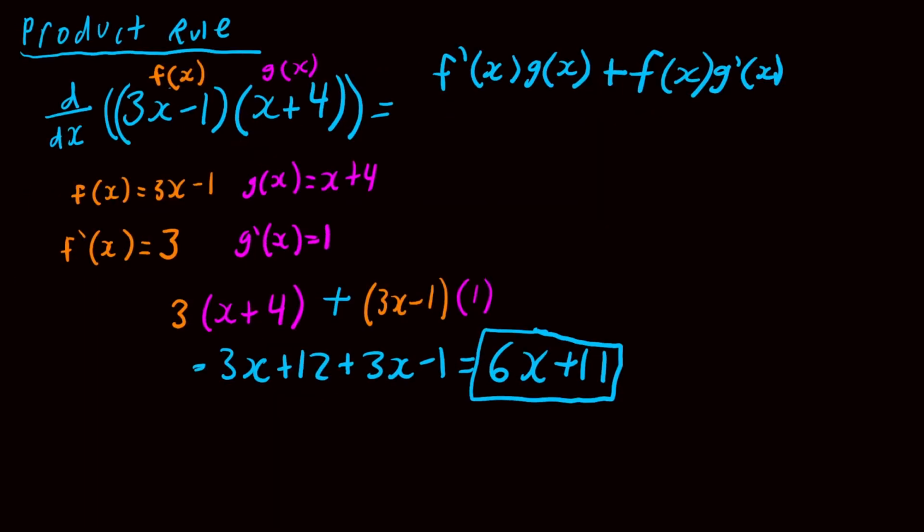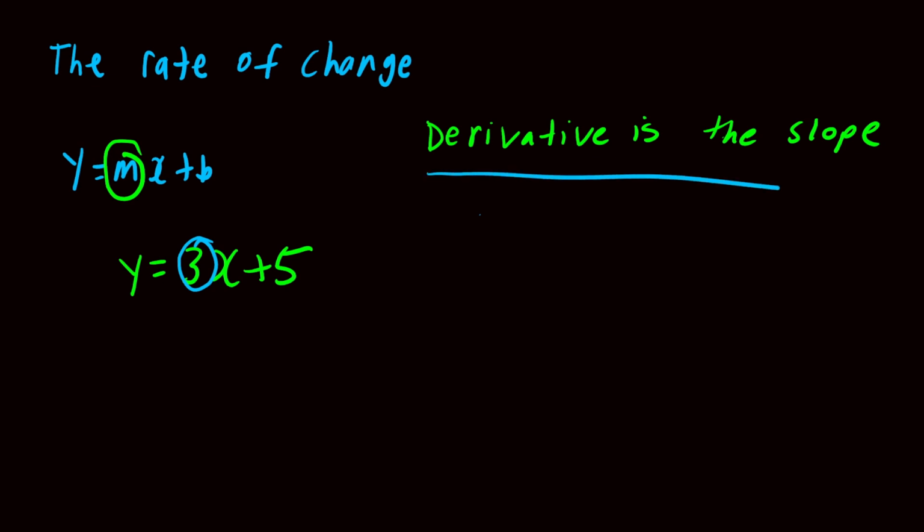Like constant rule, if they say d of dx of, I don't know, 3, no 5, we'll manifest that 5 for the AP exam for 5. Okay, well there's no x, so how am I gonna do the power rule? Okay, well let's think about this. Remember in the very beginning, I said the derivative is the slope.